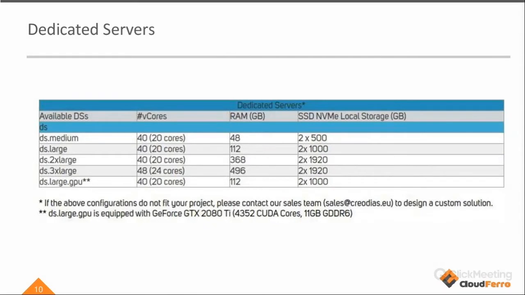In comparison to the previous virtual machines, you can see great numbers of virtual cores, RAM, and SSD disks. If you wish to see more, please visit the CREODIAS website, where you can find detailed information about our virtual environment and virtual machines.